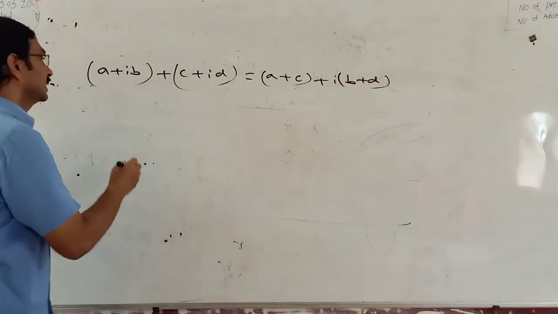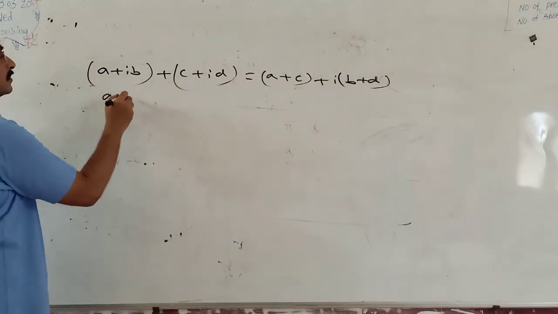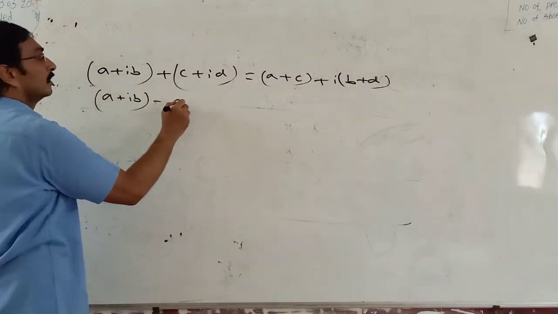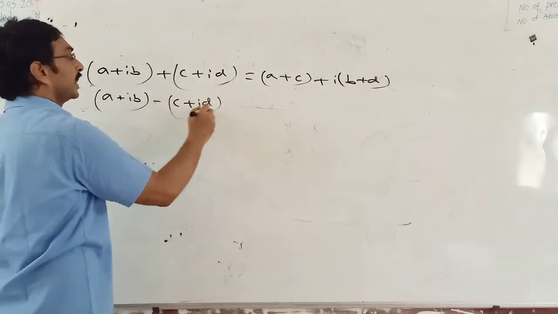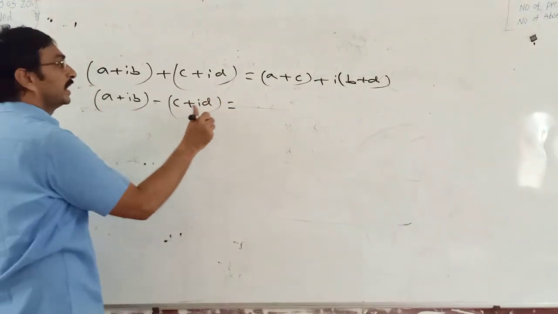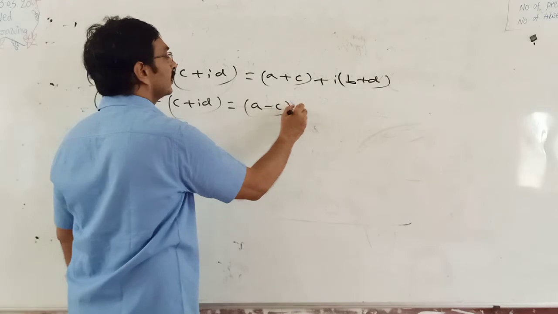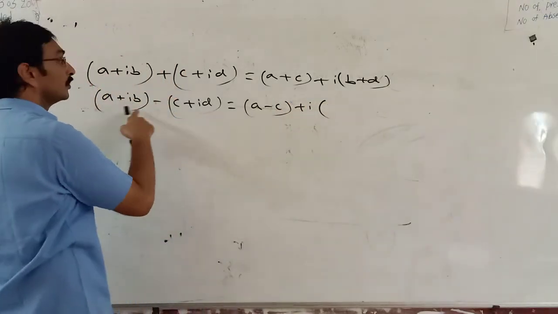Okay. Next, difference of two complex numbers. (a + ib) - (c + id) equals (a - c) + i(b - d).